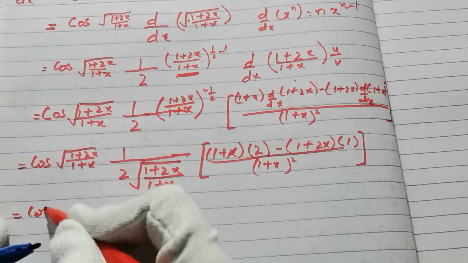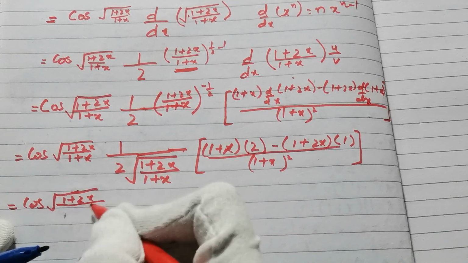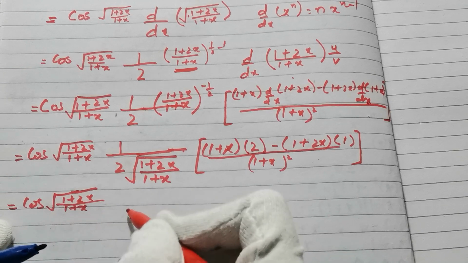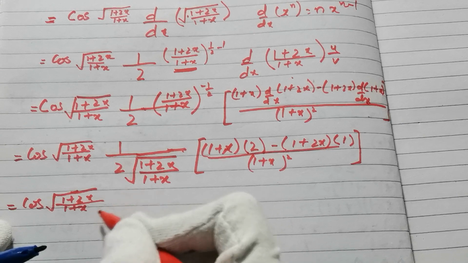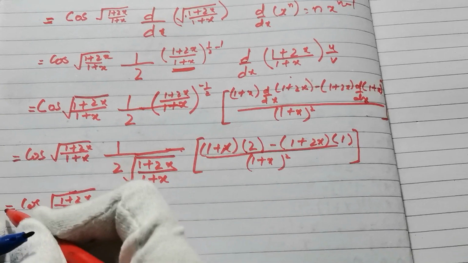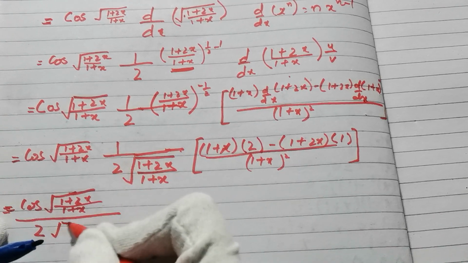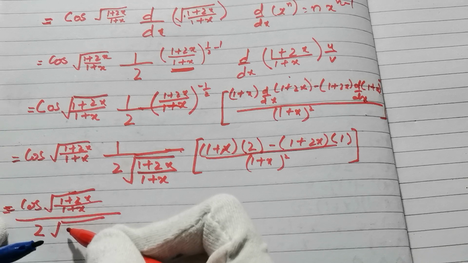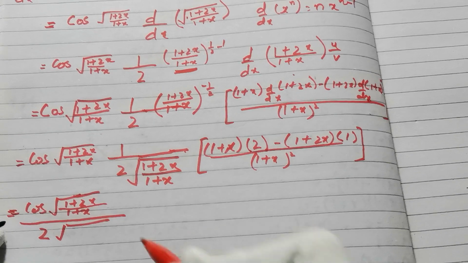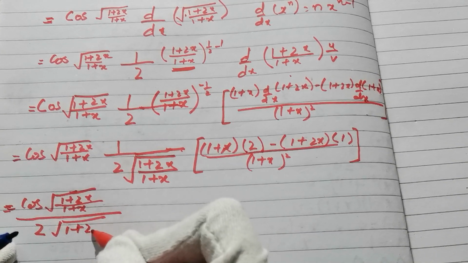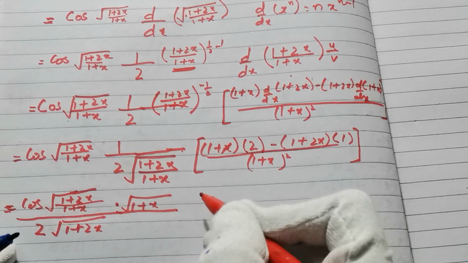Now cos theta as it is. The square root is in the denominator, so we can write it as 2 under root (1 plus x), and we will write (1 plus x) in the numerator.